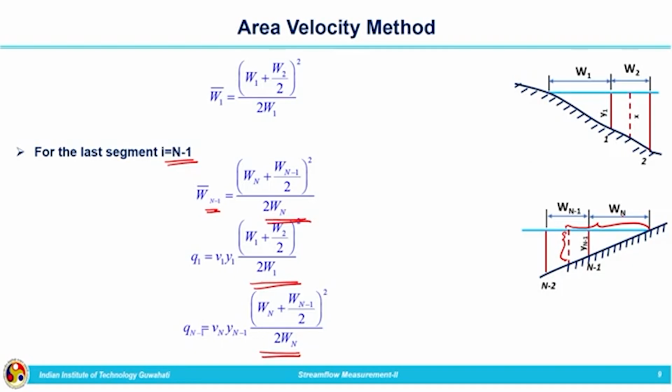And if it is a deeper river, we need to measure the velocity at two sections, at 0.2y and also 0.8y, and then we will be calculating the average velocity. So, average velocity corresponding to each segment is measured, and then we will be calculating the discharge through each segment. Finally, all these discharges will be summed up to get the total discharge through the entire cross section of the stream.